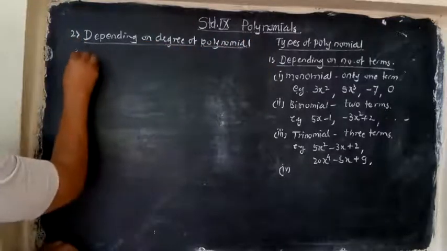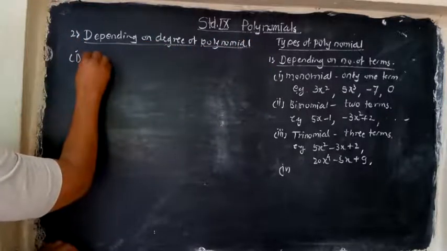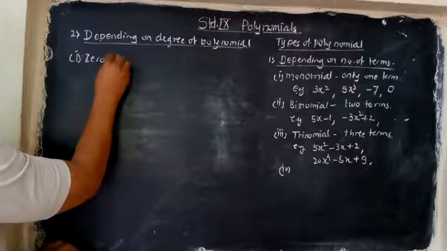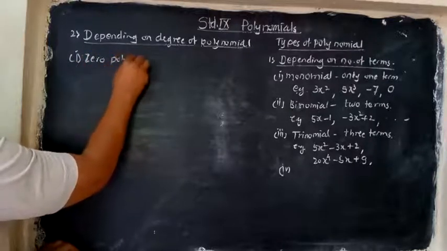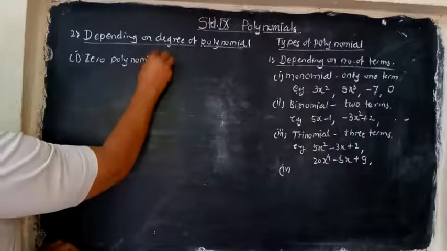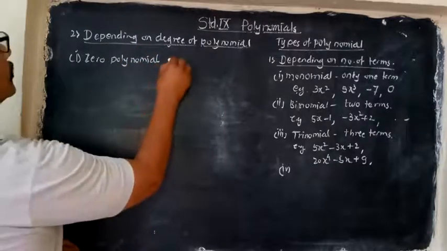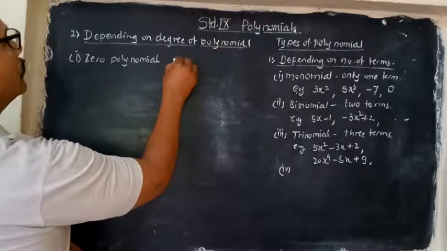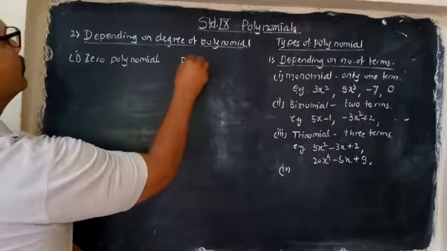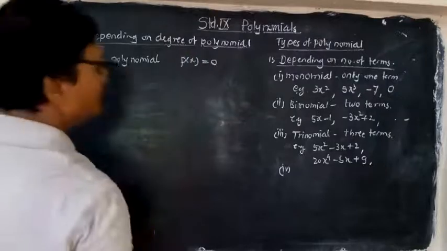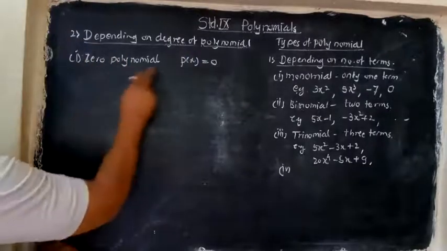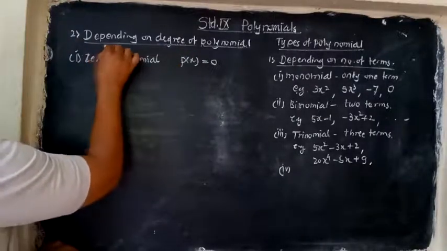Now the types are, first is the zero polynomial. Zero polynomial means its value is 0. It has only one term, that is, px is equal to 0 is the form of this polynomial.